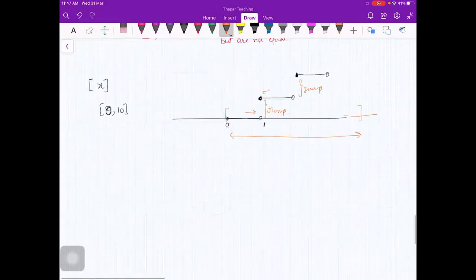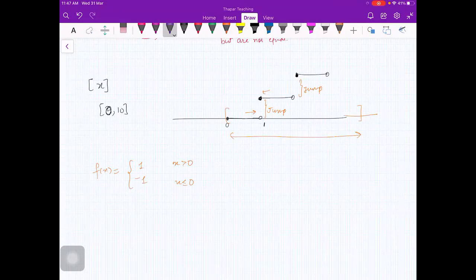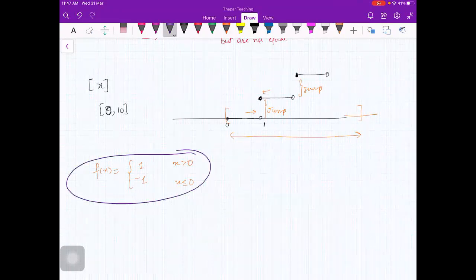Okay. Now this function f of x is equal to 1 for x greater than 0 and minus 1 for x less than 0, and 0 at x equal to 0. Is it a piecewise continuous function on any interval? Anybody? What is the nature of this function? Is it a continuous function? It is a continuous function everywhere except at 0.